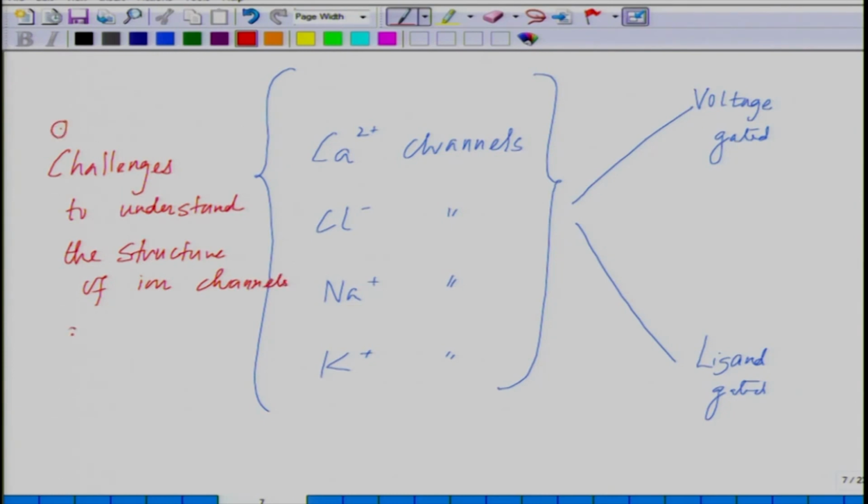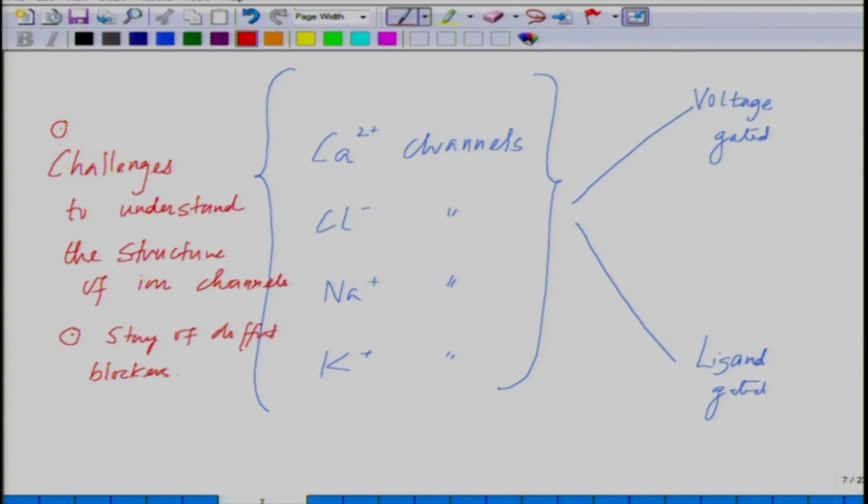And the second problem in this story is the story of different blockers. What I meant by that?